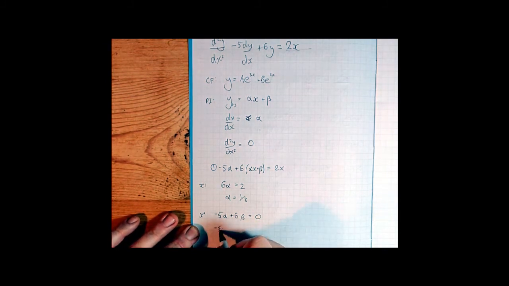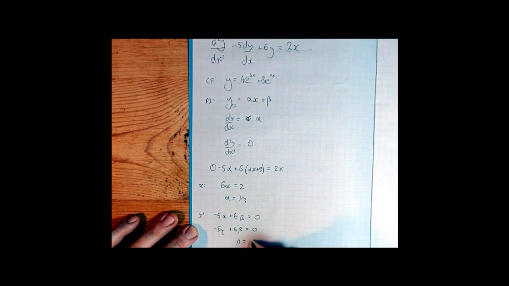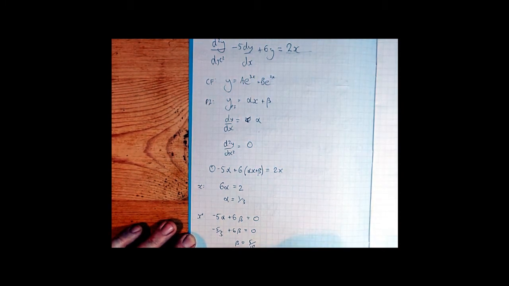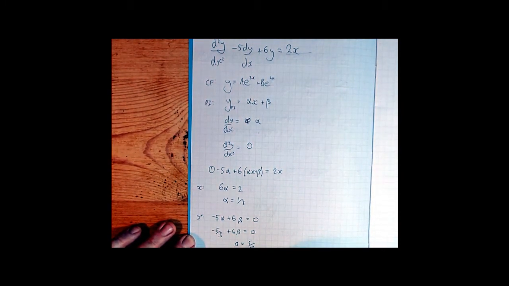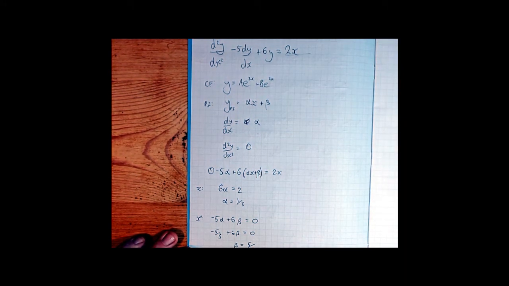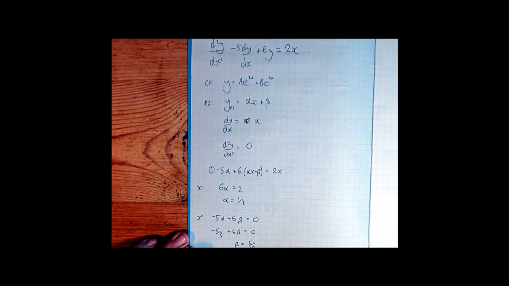So minus 5 over 3 plus 6 beta is 0. Beta's what? 5 over 18. So my particular integral then is a third x plus 5 over 18, which means my general solution is my complementary function plus my particular integral.